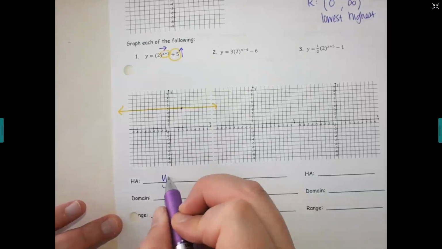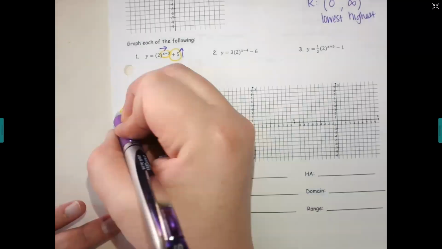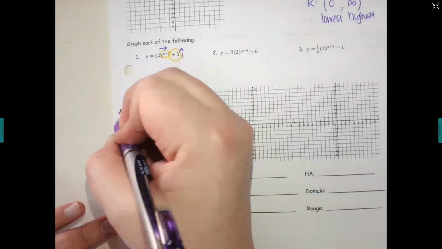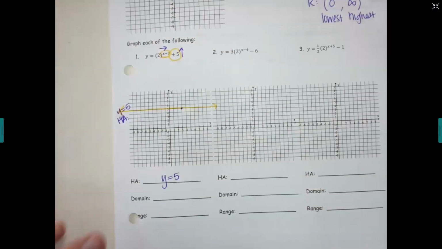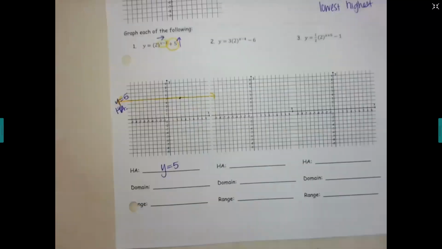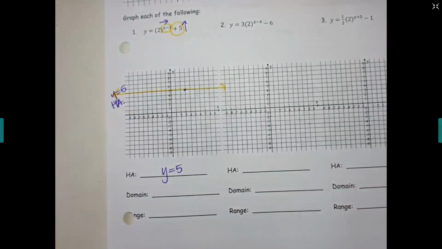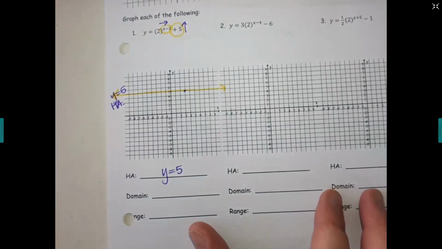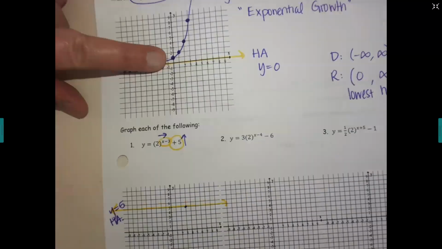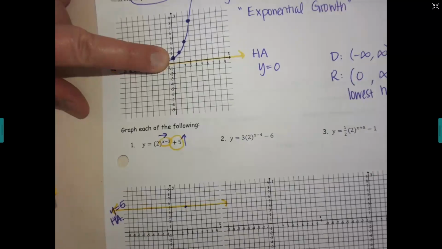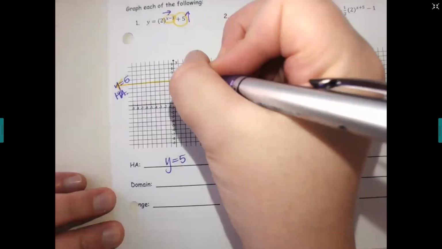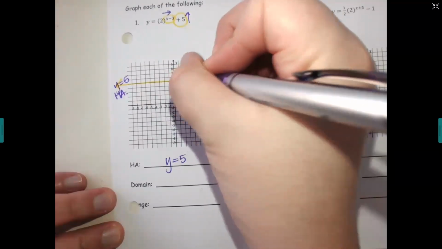So y equals 5 is now the HA that my graph cannot touch. From there, we're just sketching the parent graph. Your center dot always starts, if you look back up at your original, 1 box above the origin. So your dot needs to start 1 box above the origin.